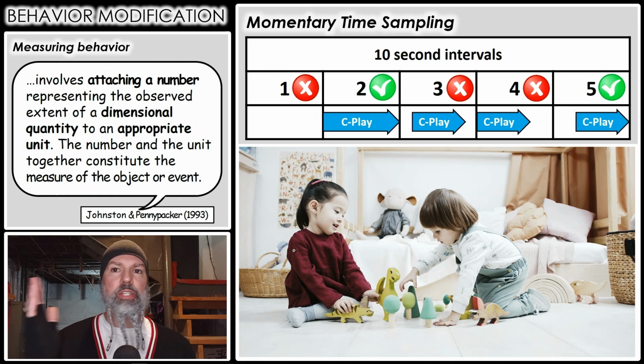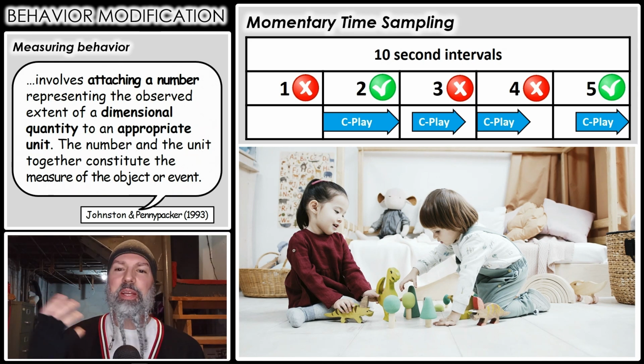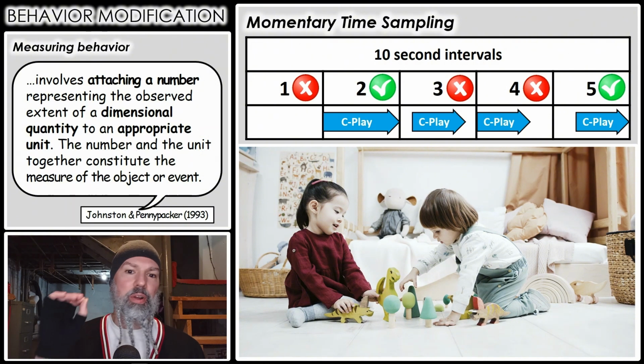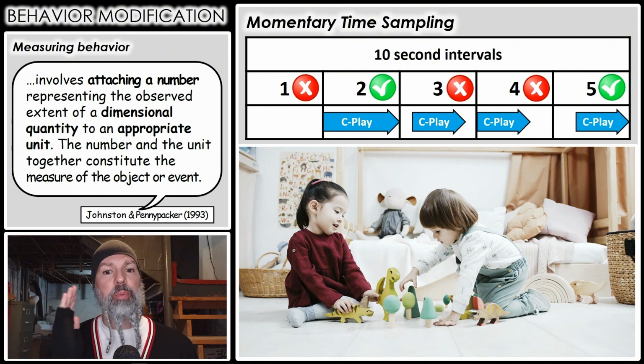There's a lot of research on how long those intervals should be that we don't have time to get into, but there does seem to be a little bit of magic in just recording that final period in your time interval and whether or not the behavior is occurring.